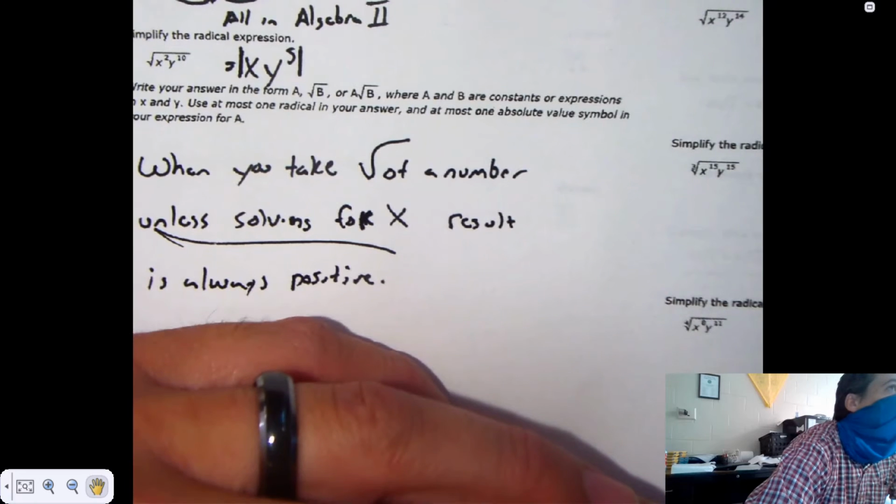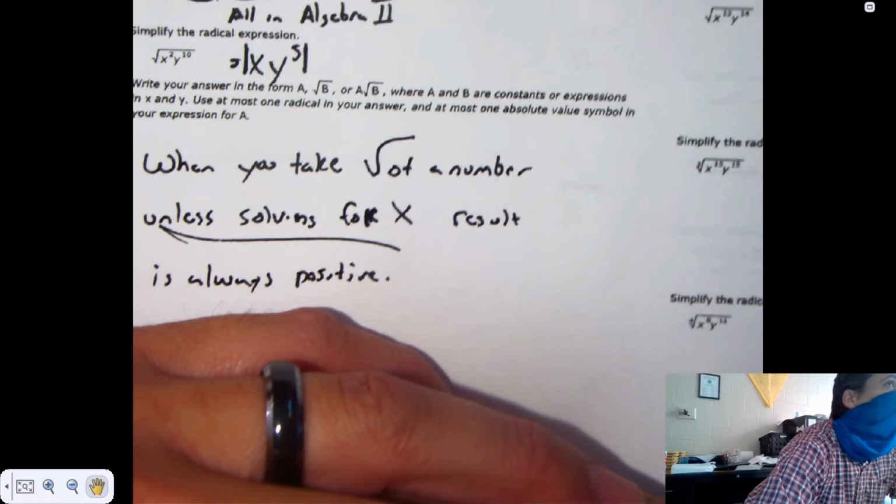And I'll try and explain it in words as opposed to the theorem.